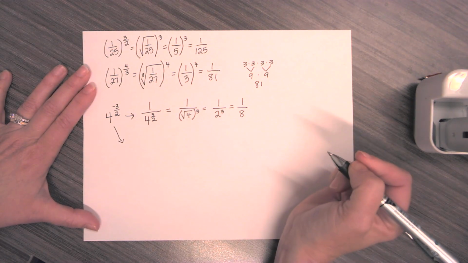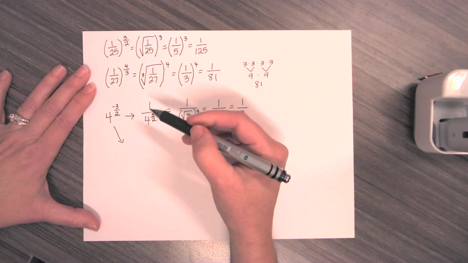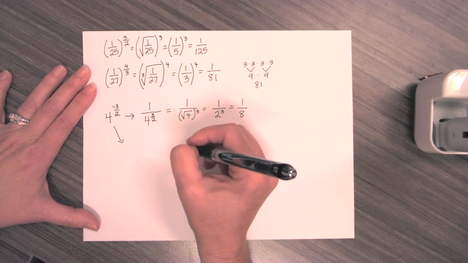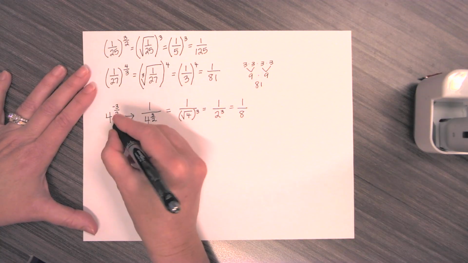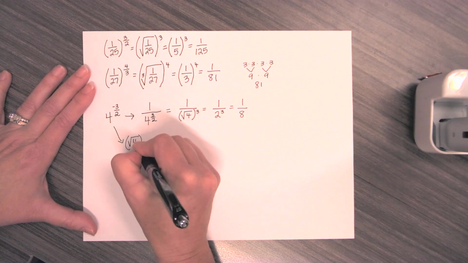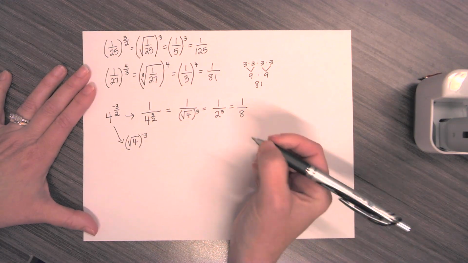Now, we could also go right to the fraction exponent and rewrite it in radical form. That means with roots and powers instead of fractional exponents. So the bottom number would be the root, so we would take the square root of 4, and then we would raise it to the negative third power.